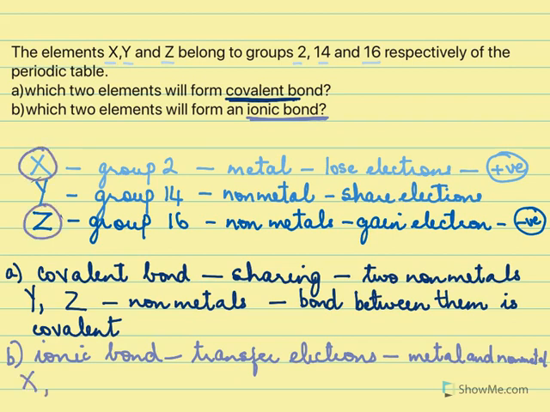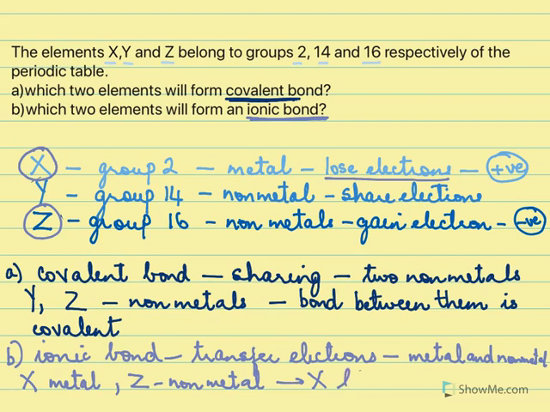So between X, the metal, and Z, the non-metal, they will not share electrons, they will transfer electrons. And why do you say they transfer electrons? Because we have already seen what X does.